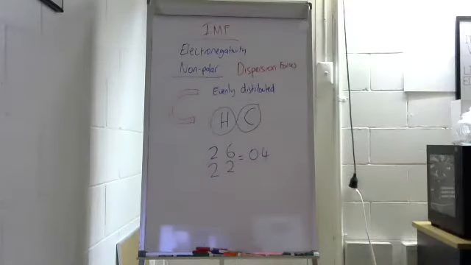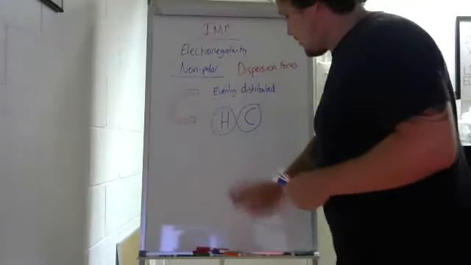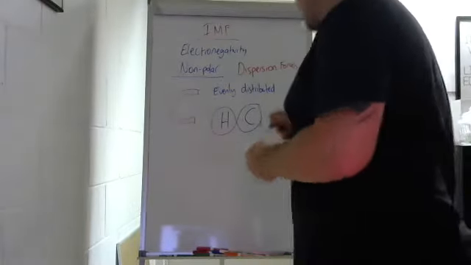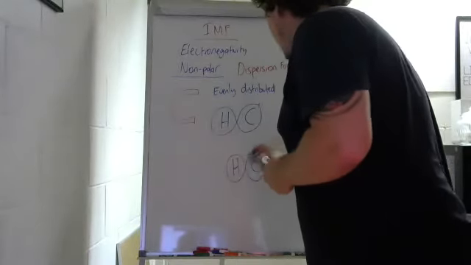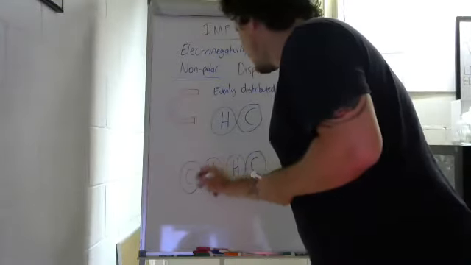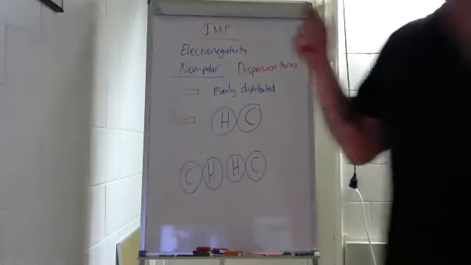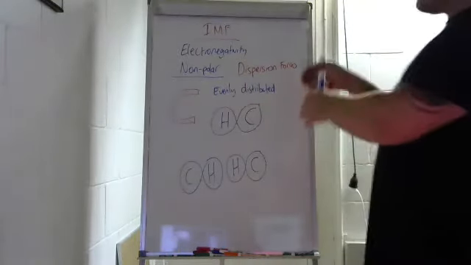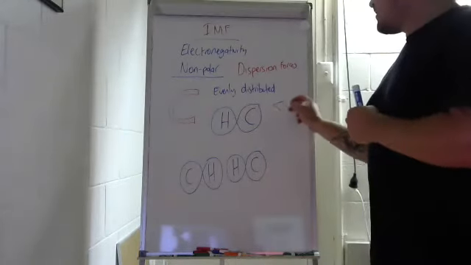So what that means is, let's say we're looking at carbon and hydrogen, two molecules, carbon and hydrogen. It's a non-polar bond because the electronegativity difference between them is less than 0.5.